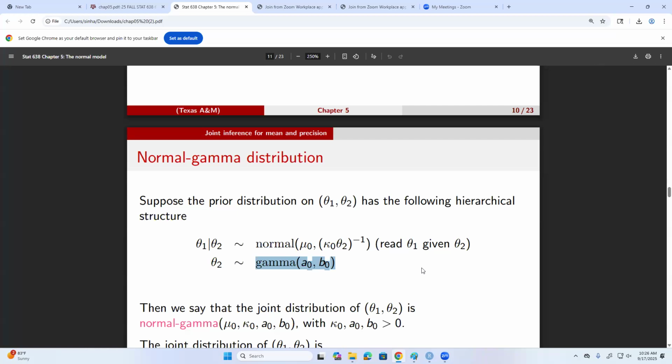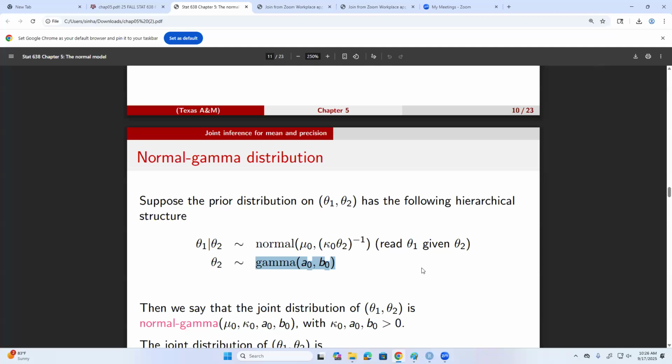The question is, do we really have to take this form? Can we not work with some other prior distribution which is less complex? Obviously, we can do that, but we'll come to that later. First, I teach you what the conjugate prior is, and then we'll talk about the Jeffreys prior in this context.